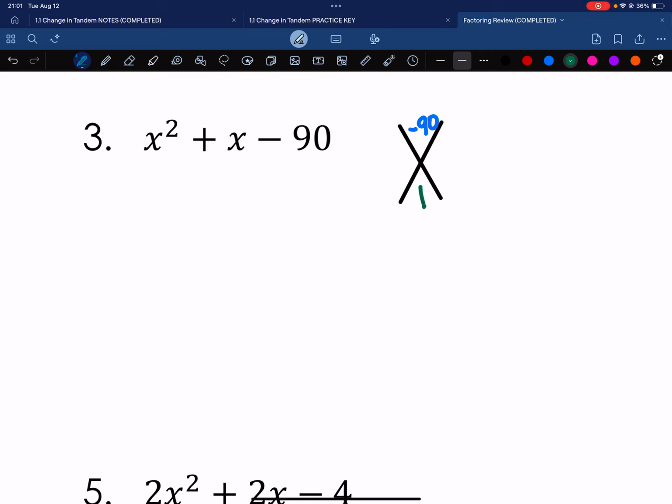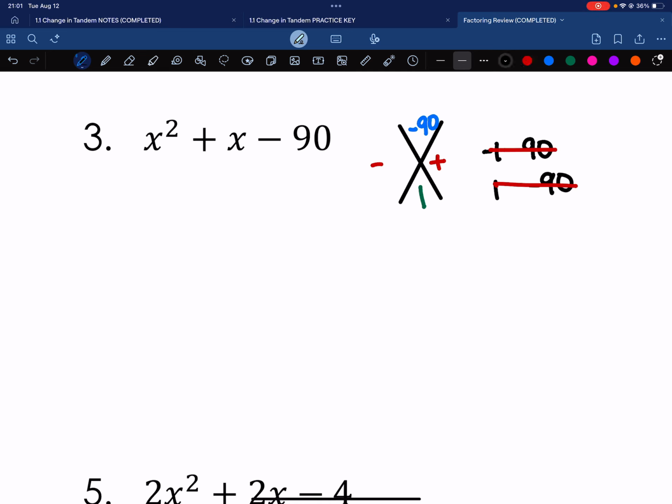So when we multiply to get a negative number, that means one of my numbers is going to be negative and one of my numbers is going to be positive. Okay, so let's talk about what we can multiply to get negative 90. We can do 1 and 90, and we can do negative 1 and 90, and then we can do 1 and negative 90. Okay, but when we add those together, we're not going to get 1. So those are not going to be two numbers we pick.